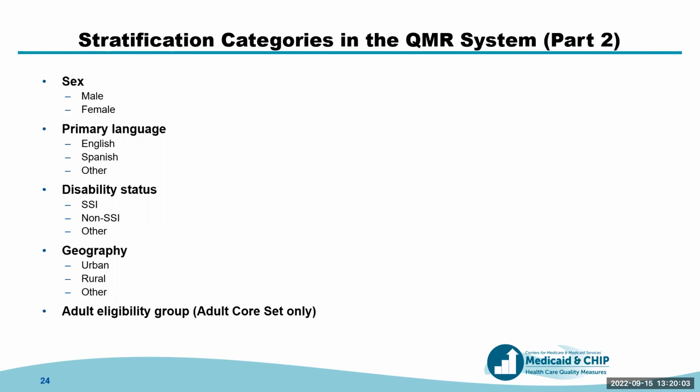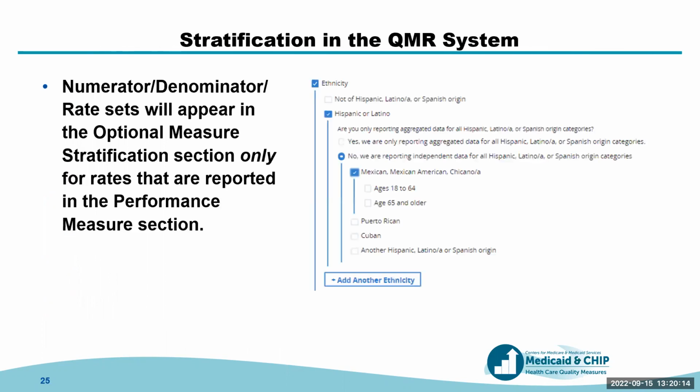On this slide, we show stratification categories for sex, primary language, disability status, and geography. For the adult core set, there's also an option to report for the ACA expansion group. Next slide, please. And then one last note, in the quality measure reporting system, or QMR, the numerator, denominator, and rate sets only appear in the stratification section for rates that were reported in the aggregate in the performance measure section.